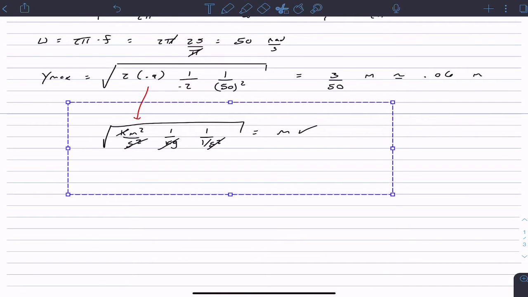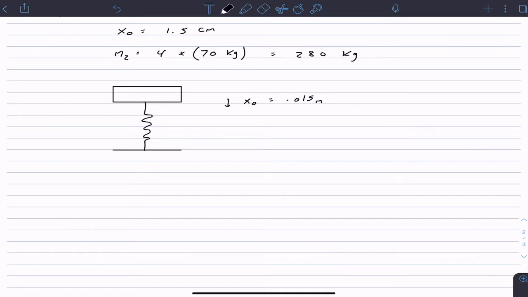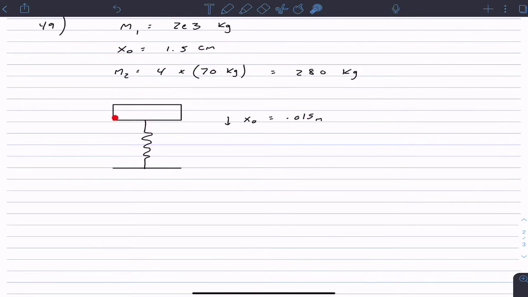So get rid of this. Next problem, number 49 on page 483. Okay, so we have this car. It's sitting on its shocks, right, without any extra mass.